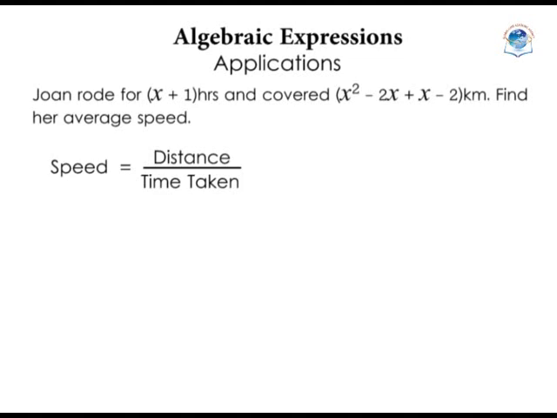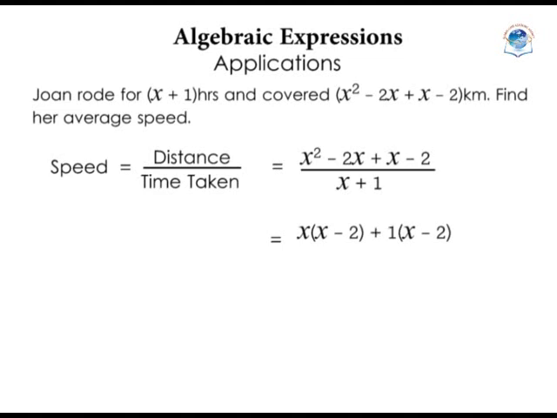That is equal to x squared minus 2x plus x minus 2 over x plus 1. So we factorize the numerator. The first two terms have a common factor, x. So we have x into x minus 2. The next two terms have a common factor, 1. So we have 1 into x minus 2. Everything over x plus 1.